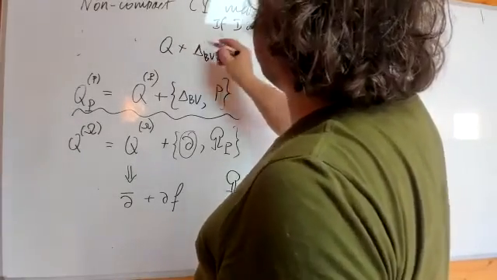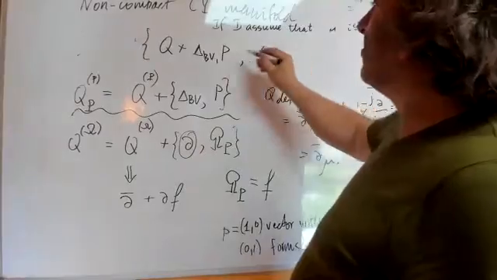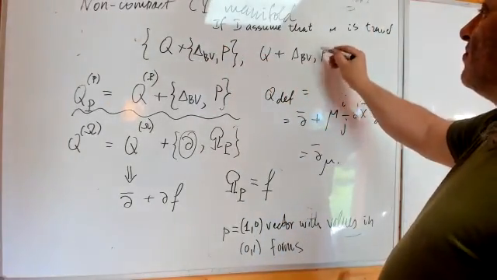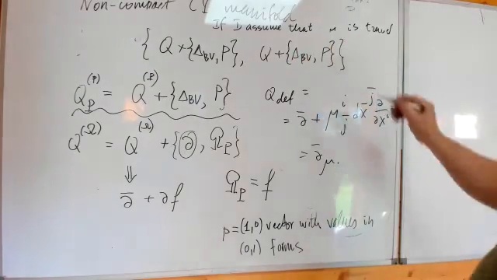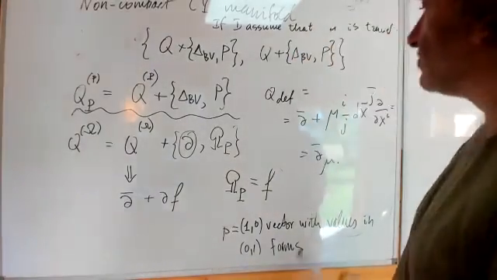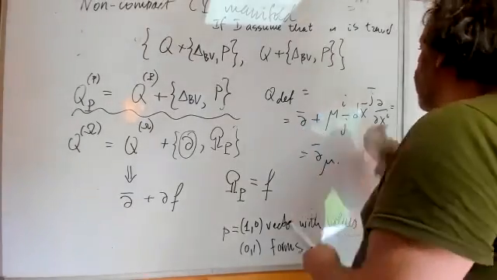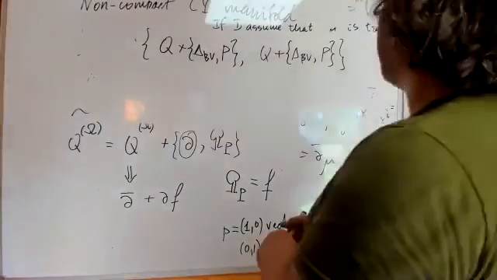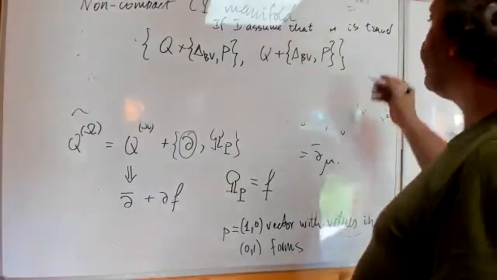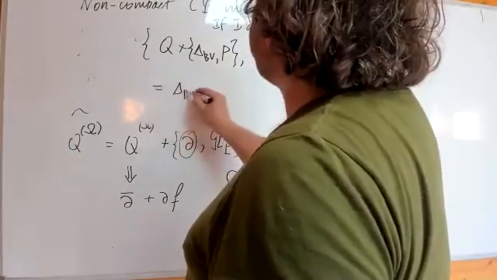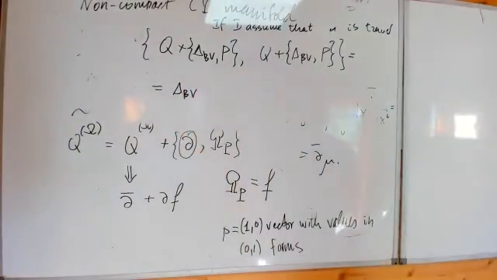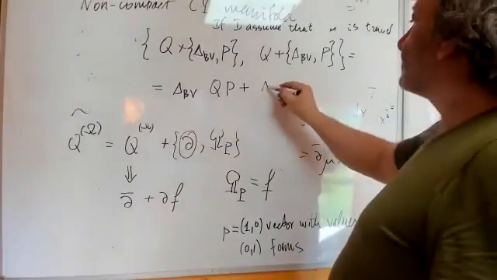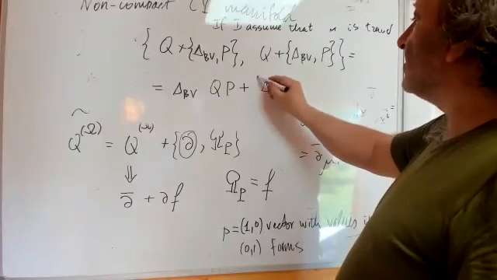Okay, so let us compute it. So since Q squares to 0, all this is delta BV applied to QP plus this.